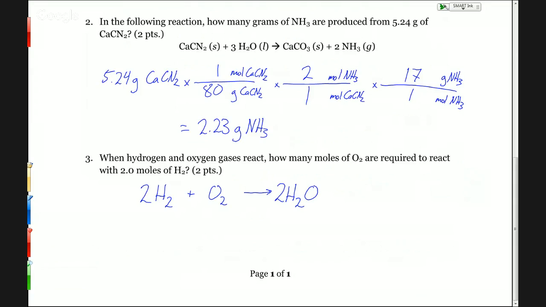The question is asking how many moles of O2 do you need to react with 2 moles of H2? Well, the equation tells you 2 moles of H2 require how many moles of O2? 1. So we need 1 mole of O2. That's it.